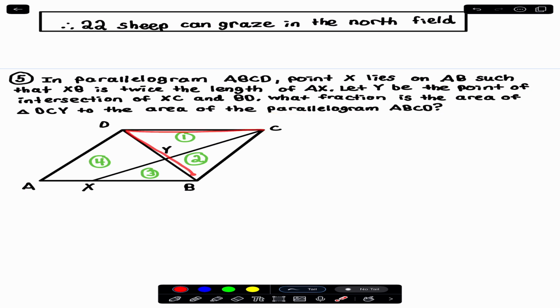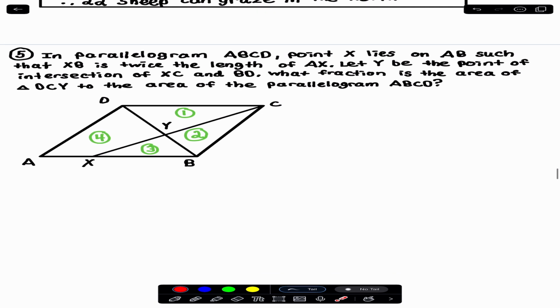I personally think it's just easier to find this area and then times it by 2, because recall BD is a diagonal, so that means the area of the parallelogram is cut in half. So this left side area is equal to this right side area. So if we can just find the right side area and then multiply by 2, we have the area of the parallelogram ABCD. And I'm using this side, the right side, 1 and 2, because 4 has this kind of weird shape.